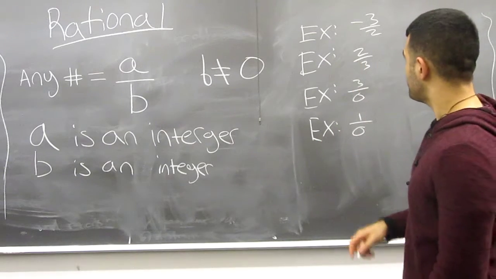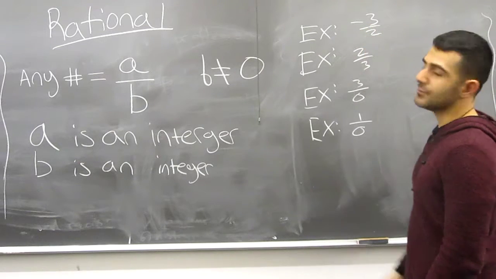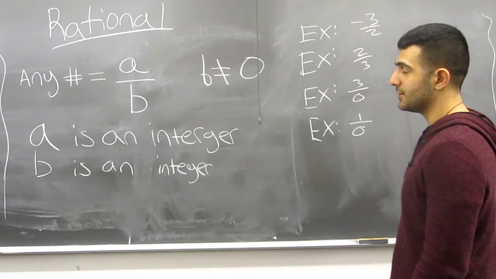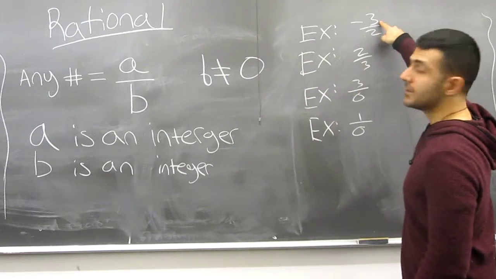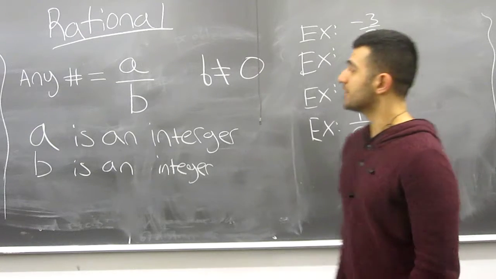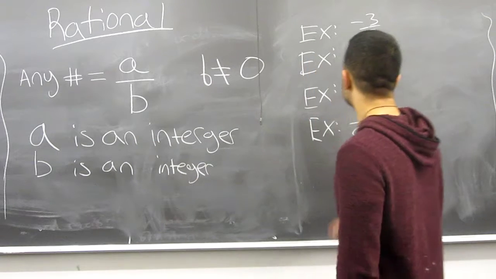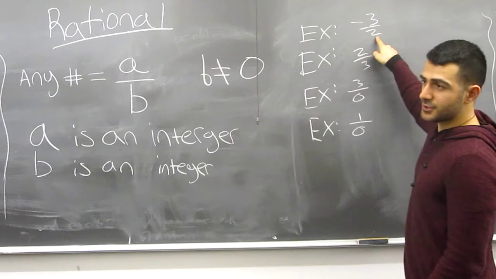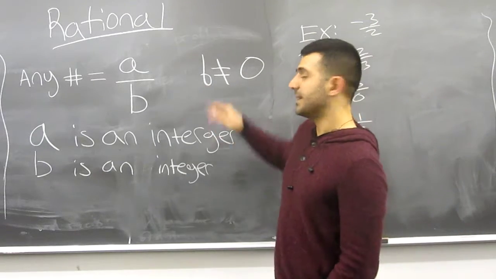So let's give some quick examples. Let's look at the first one: negative 3 over 2. Is that a rational number? Let's look at the definition. The top number has to be an integer. It's negative 3, that's fine. The bottom number, b, has to be an integer, and 2 is an integer. So both numbers are integers, and b is not 0.